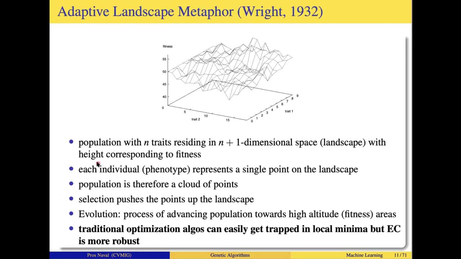And evolution is the process of advancing the population towards high altitude or fitness areas. Now, the nice thing about evolutionary computation algorithms is that these algorithms are more robust compared to the traditional optimization algorithms that can easily get trapped in local minima.